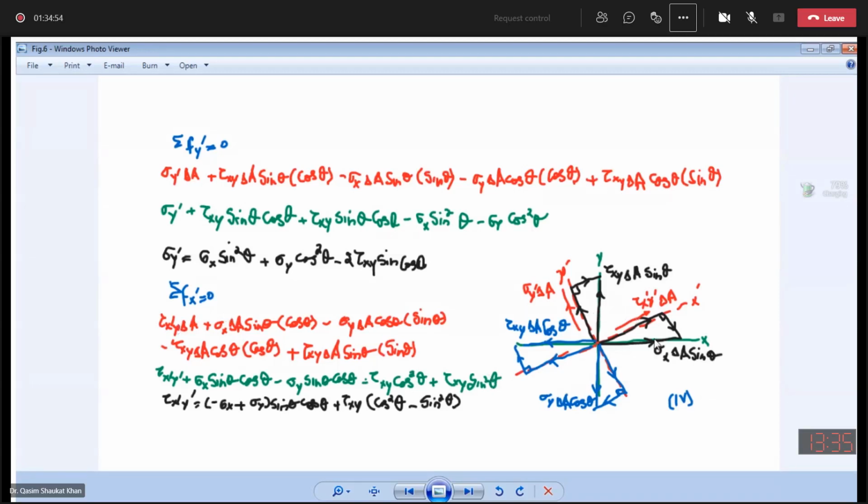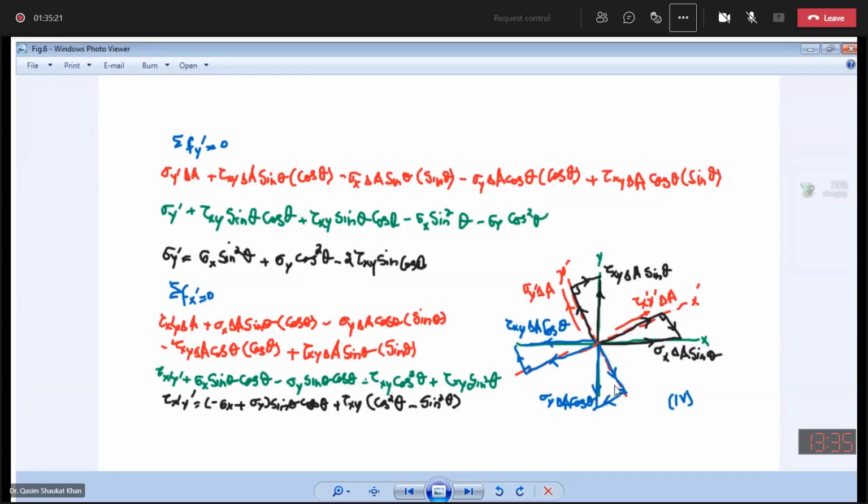Then I have this sigma x delta A sine theta. Its component about the x dash axis will be sigma x delta A sine theta into cos theta, and it is pointing towards the x dash axis, so it is positive. Then you have sigma y delta A cos theta.